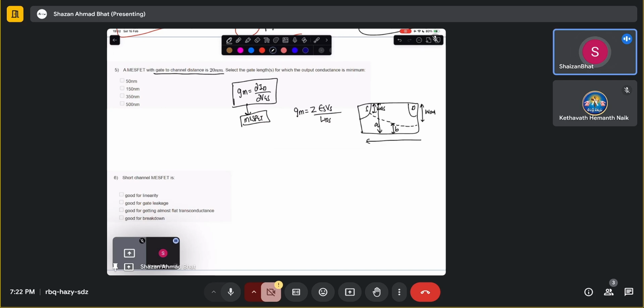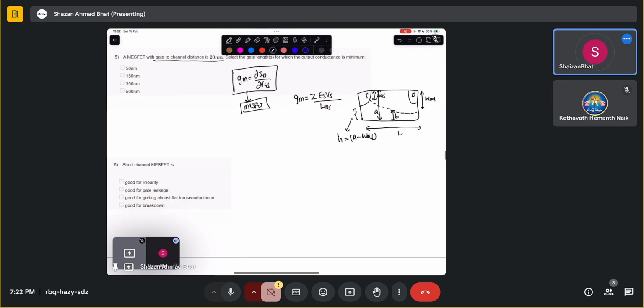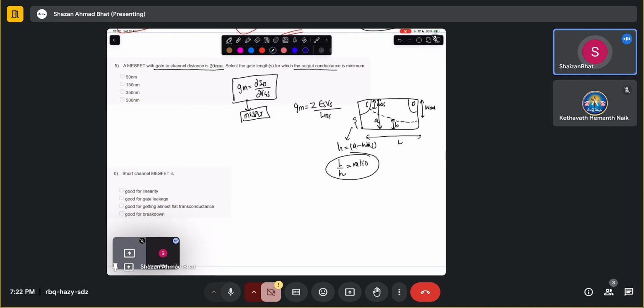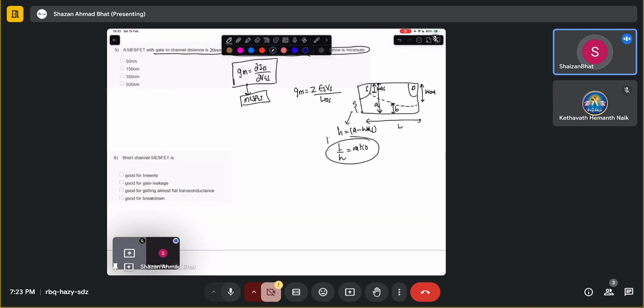And this is basically L. And this particular distance is H, which is A minus WDS. So this is basically the governing factor. The L over H ratio determines the, what should I call, what was given in the question? Output conductance. Okay, so output conductance is controlled by this L over H ratio.